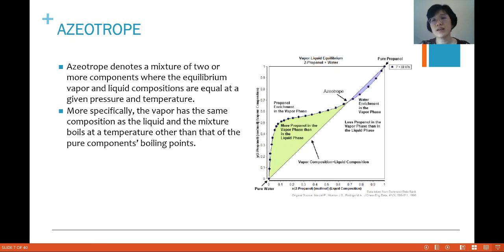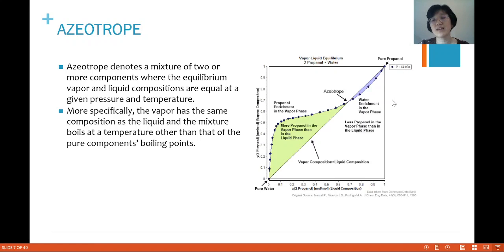If we have this mixture and we try to push it to a distillation column for separation, we are able to get the pure water as the bottom product, but we are unable to get the pure propanol as the top product.